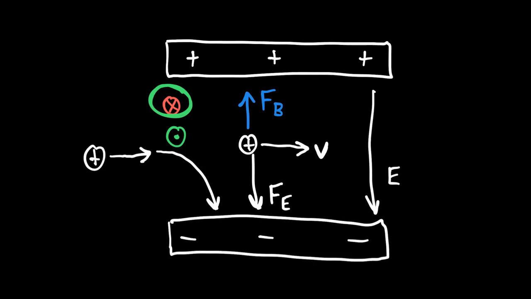Your fingers are the velocity, the bend is the B, the magnetic field, and then your thumb is the force. F sub B, the force due to the magnetic field. That's your thumb. Force in E is electric force. No right-hand rule there.